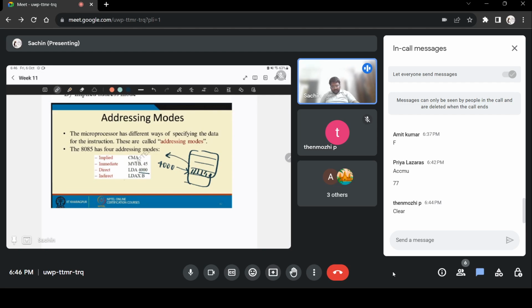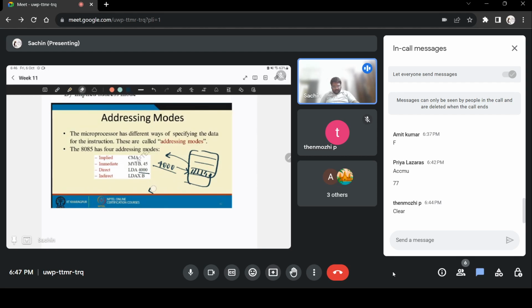And indirect addressing, so the address, this 4000, will be stored in your register B. In this example, this could have been some other register also, but the address is stored in a register. First you have to read the contents of the register, then you will get the address.